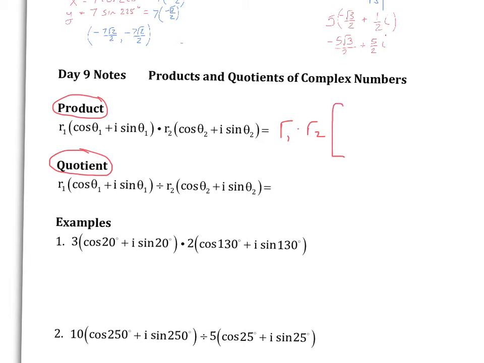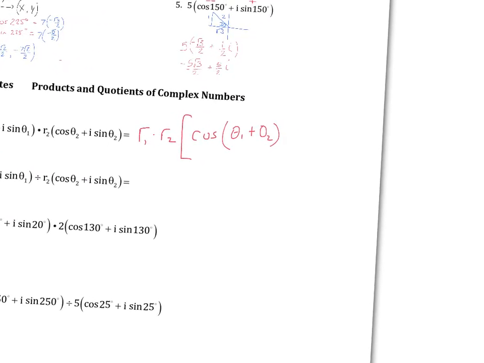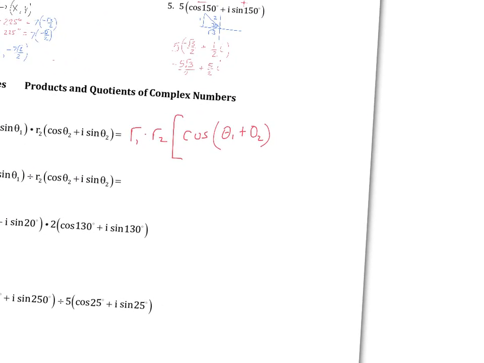So you go cosine of theta 1 plus theta 2, plus i sine of theta 1 plus theta 2. So for the product rule, I add my thetas, multiply my r's.